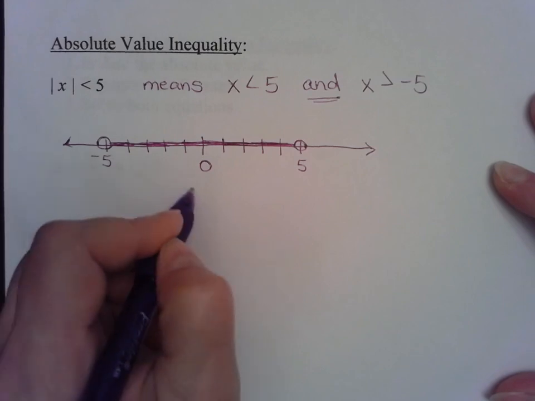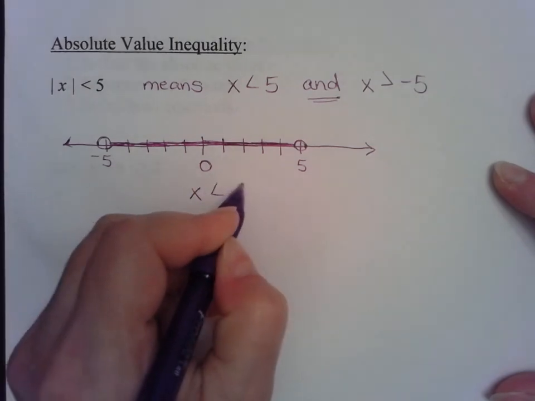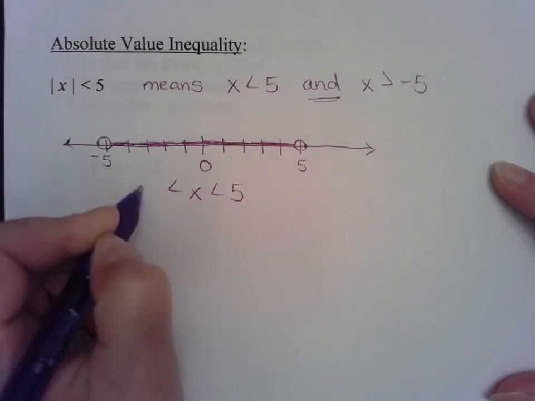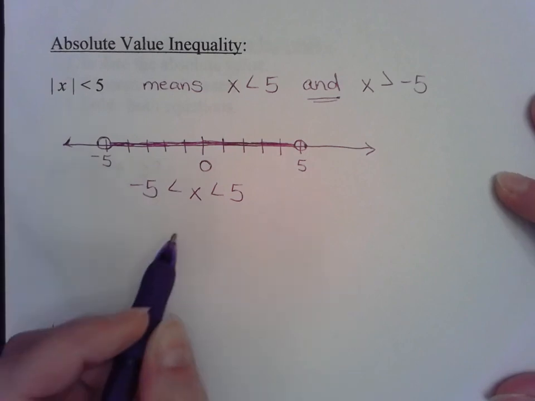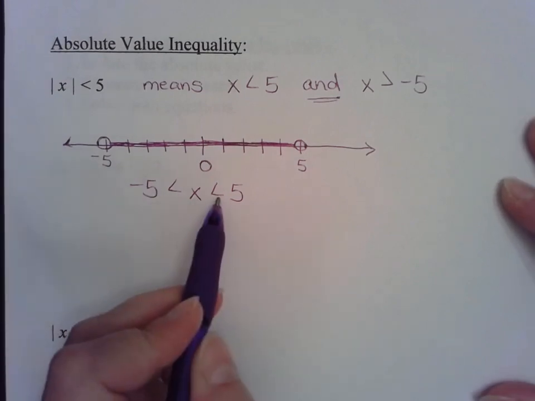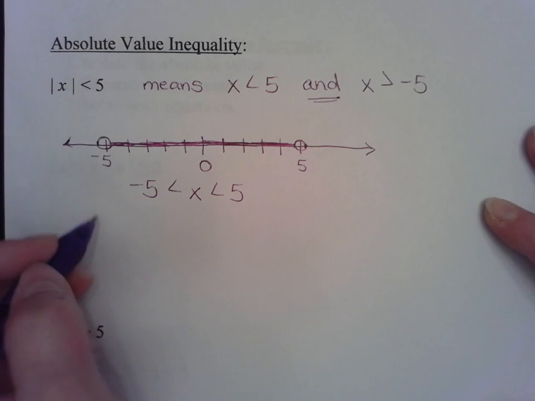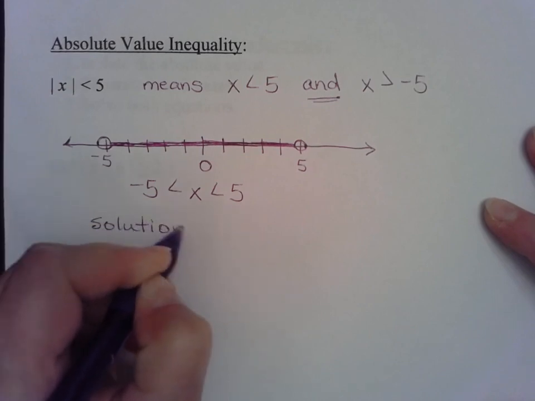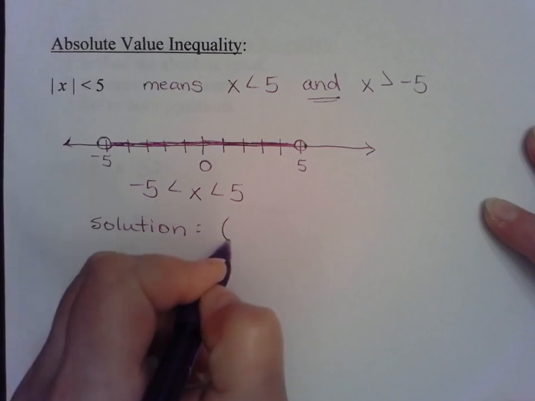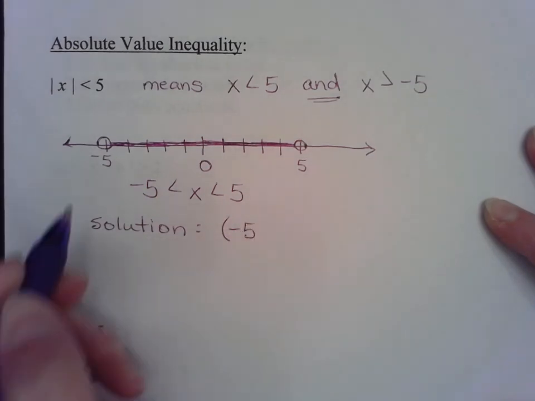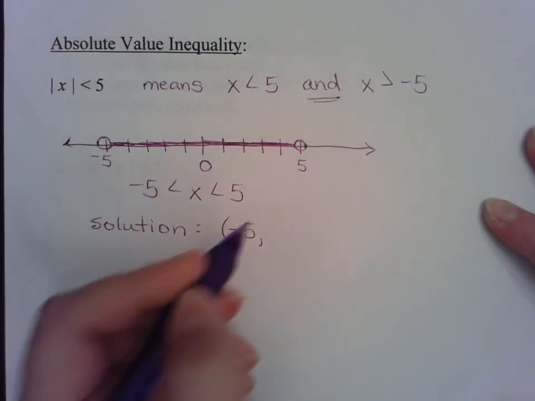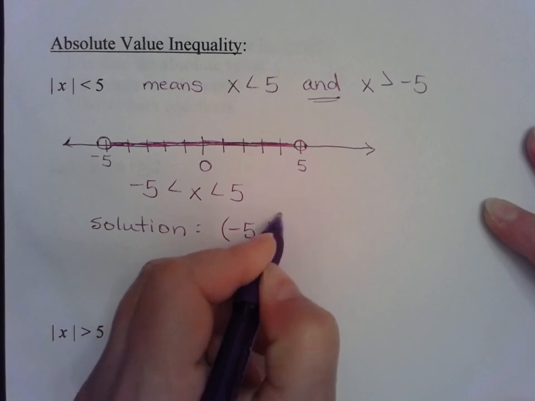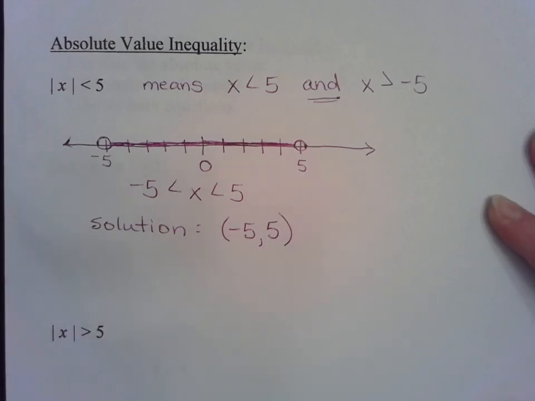I could write my final answer as a double inequality. X is in between -5 and 5. We're going to write our solutions with interval notation. So in this case, we're just less than, not equal to, so round parentheses from -5 up to +5.